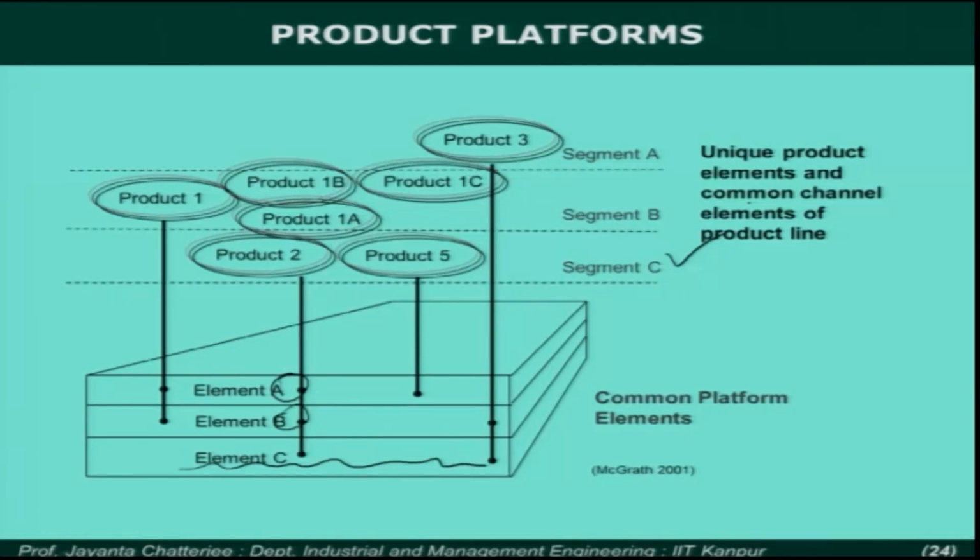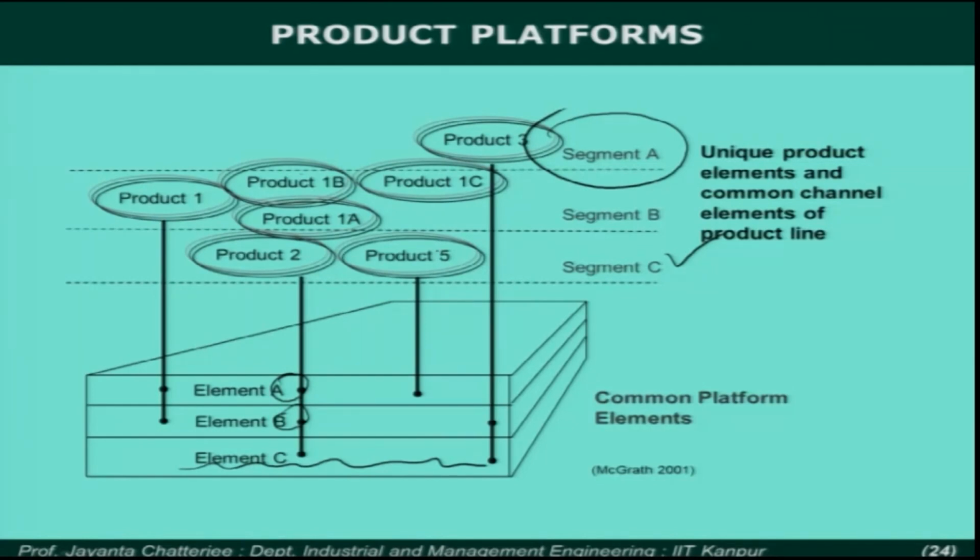On the other hand, you may need another set of combination where you will be able to address, say, the pharmaceutical industry. So, you are looking at the same types of products, but you are developing product 1 and its variant, which is product 1B or product 1A, and then another set of product 2 and or product 5.